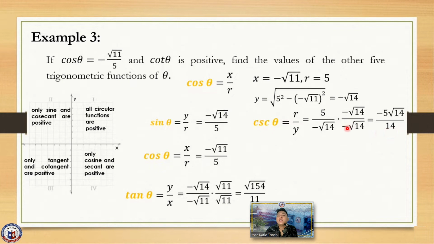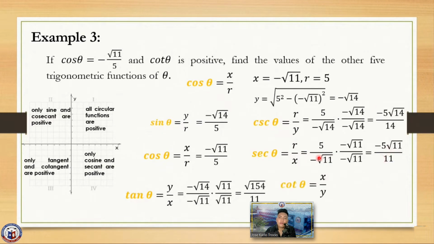Understood? Square root of 14 times square root of 14 is 14, leaving you with 5 times square root of 14. For r over x, the denominator is negative square root of 14, only one, not both, so times negative. That's it.